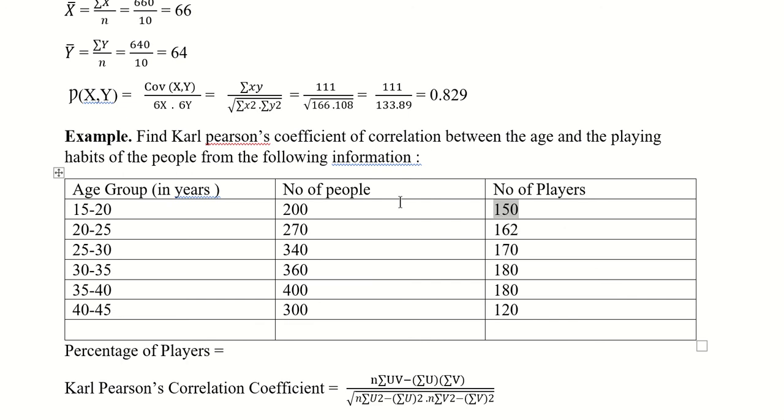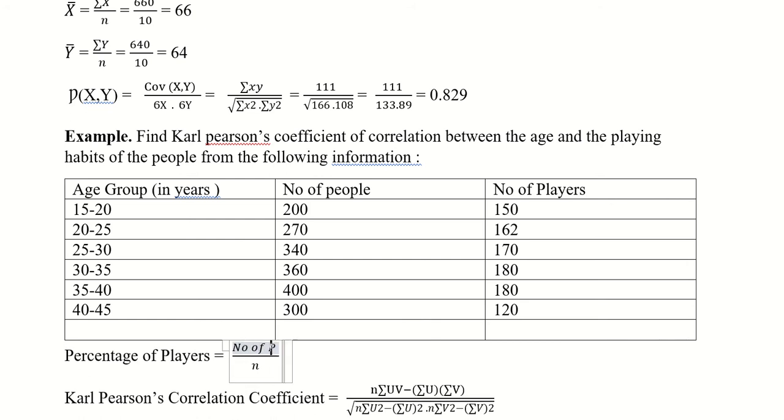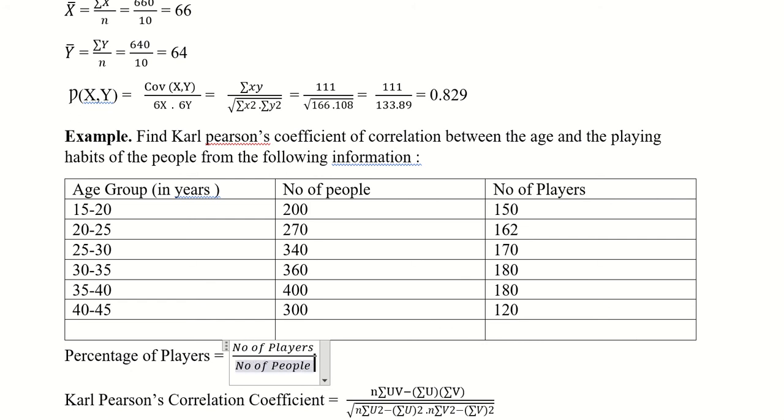The formula which we apply here is number of players divided by number of people, into 100. This is the formula we will apply to calculate the percentage for each and every case.